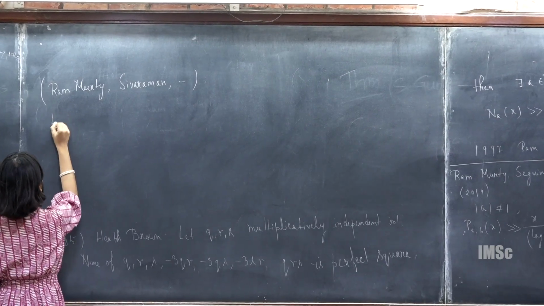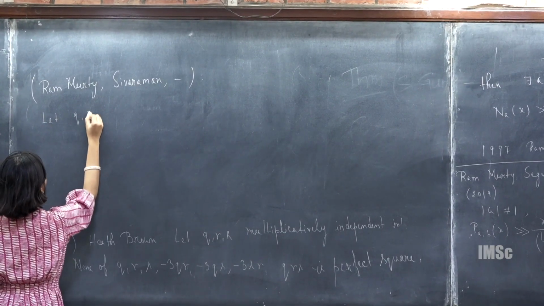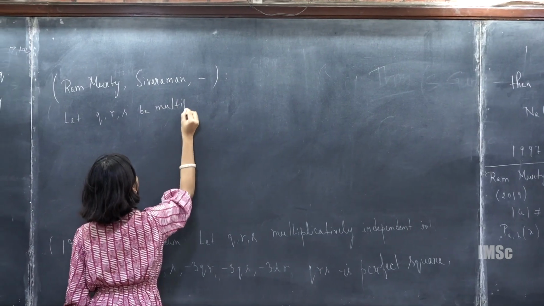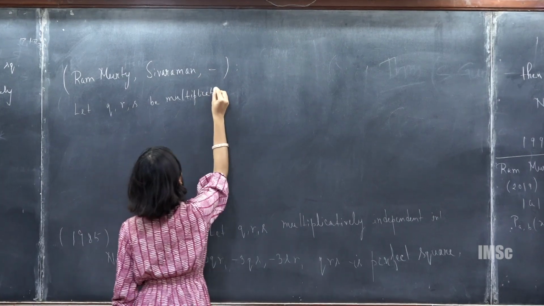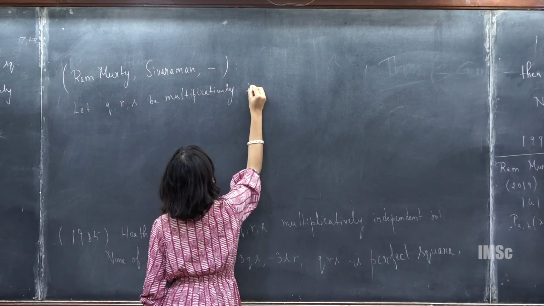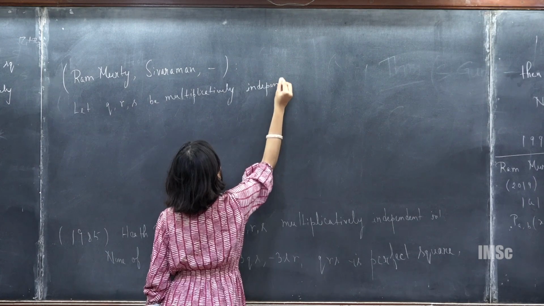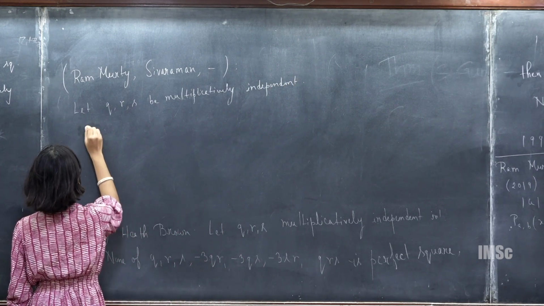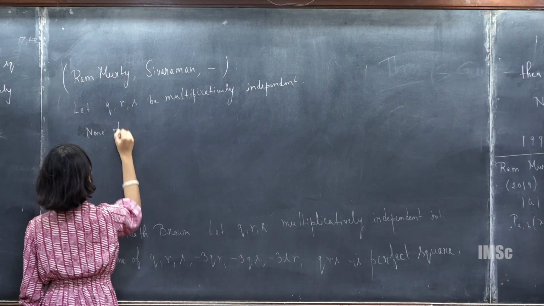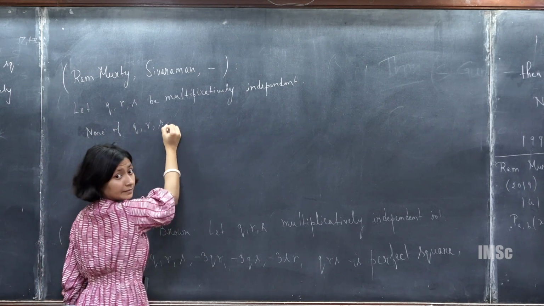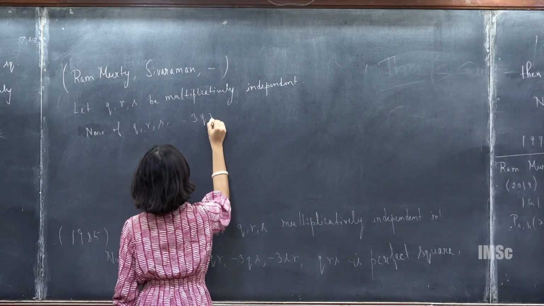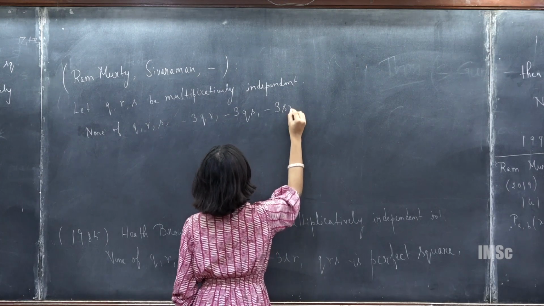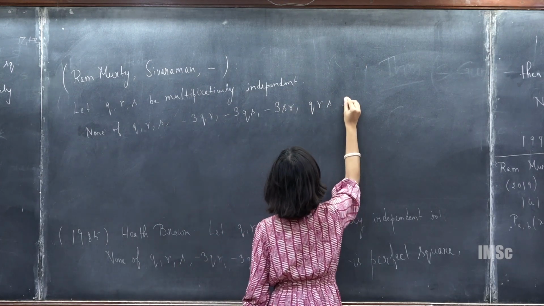So what we have proved is that let Q, R, S be multiplicatively independent, with one more assumption that none of Q, R, S, -3QR, -3QS, -3SR, QRS is a perfect square.